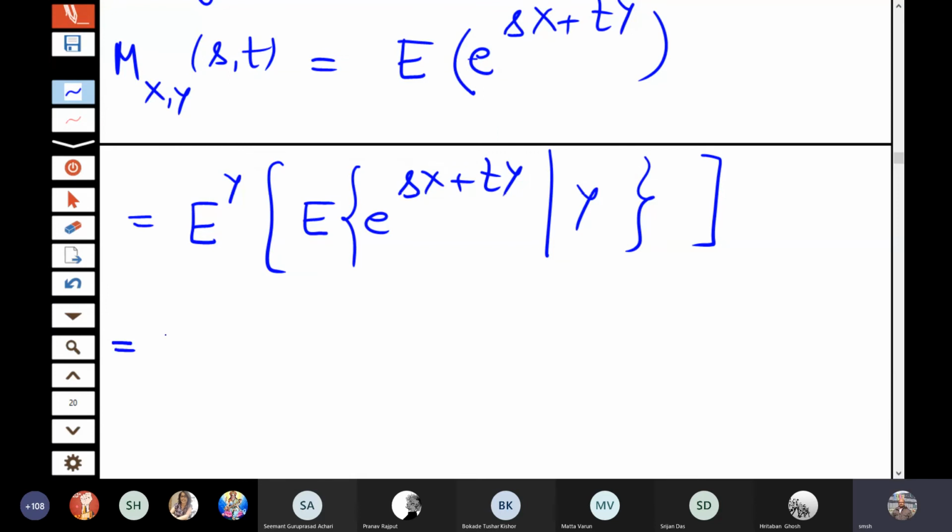So this we can write as expectation of, if y is fixed, e to the power ty I can keep outside, and I get expectation of e to the power sx given y.